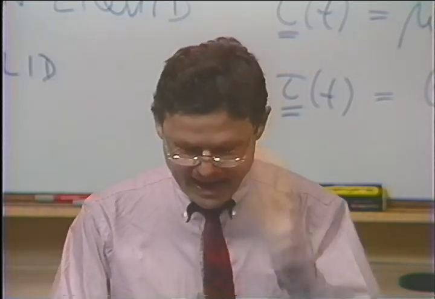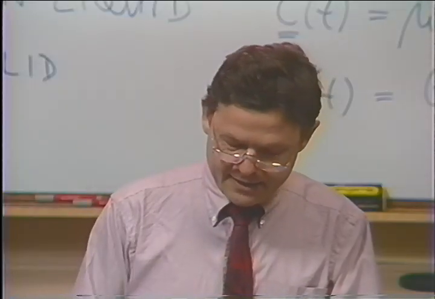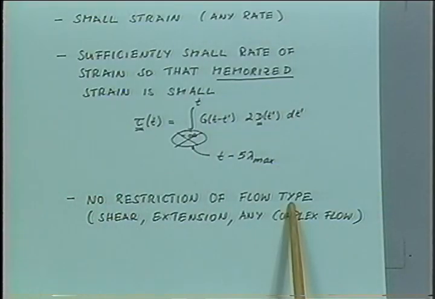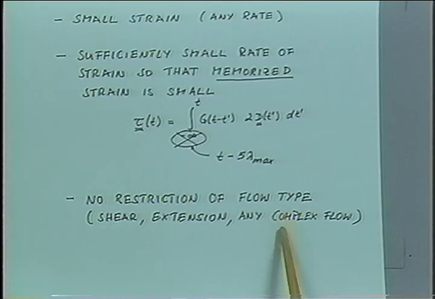And now, very important. This equation, the Boltzmann equation, is not limited to specific flows. You can describe shear flows, extensional flows, all flows under the above conditions with that. So in that case, it is a general constitutive equation.